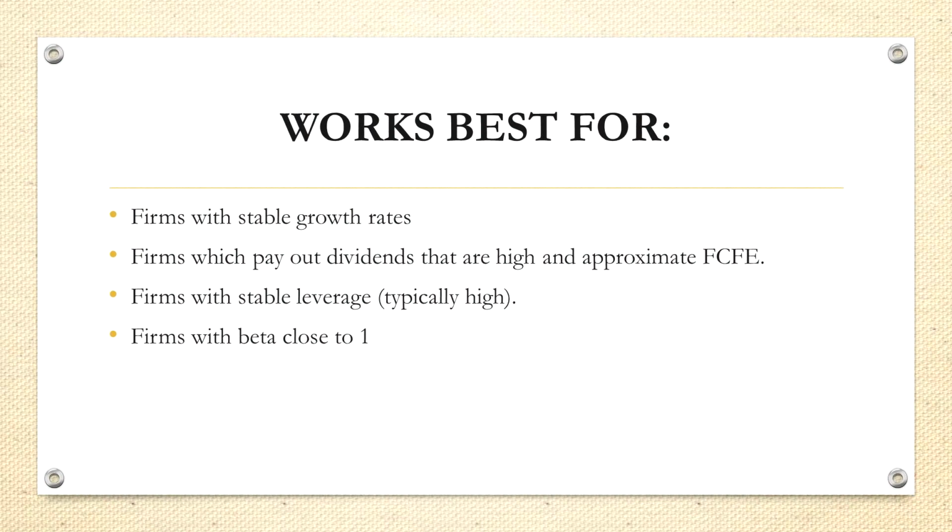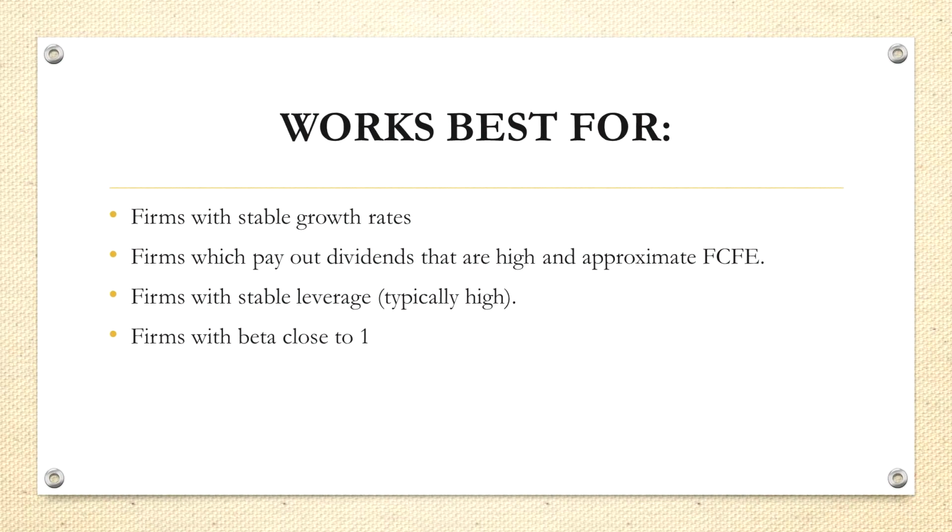The company should have, first of all, a stable growth rate, not necessarily a constant growth rate, but you should pick the company that has a pretty stable growth rate, and the company tends to be a mature company and a large company. And the second, you look at the dividend the company pays, and it's better to have a company that has dividends approximately equal to its free cash flow to equity.